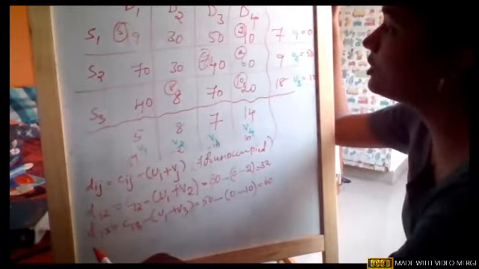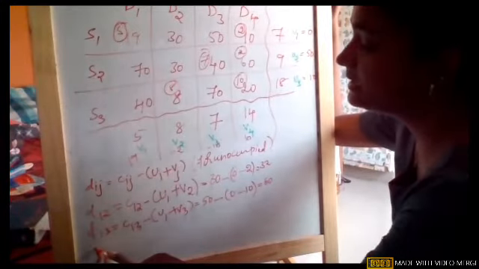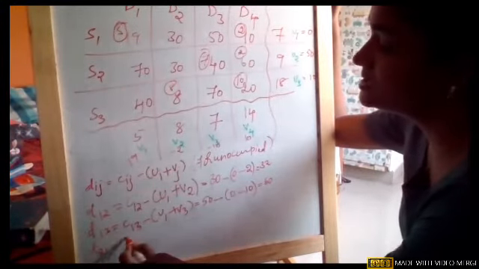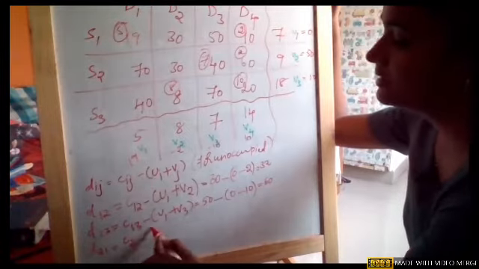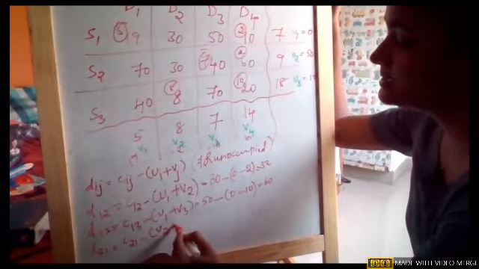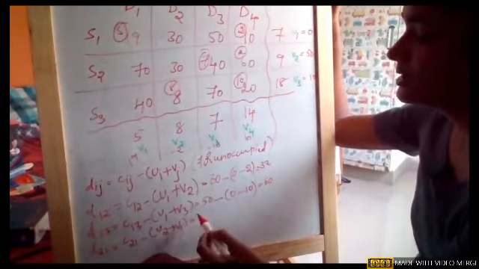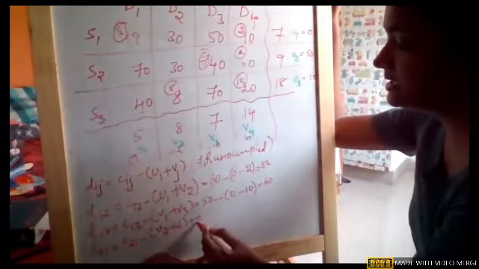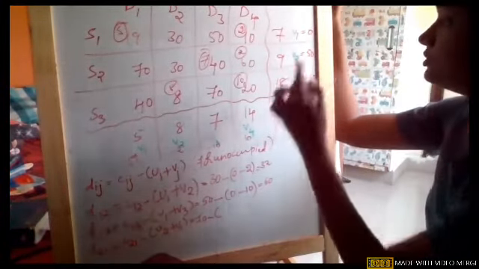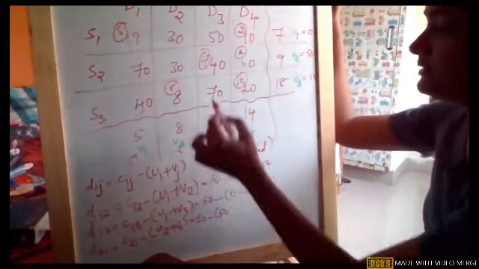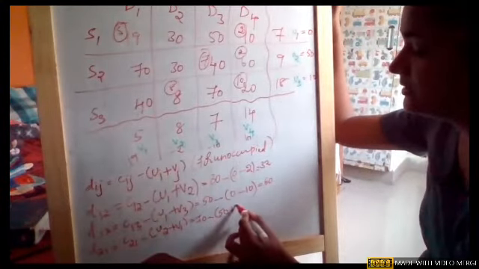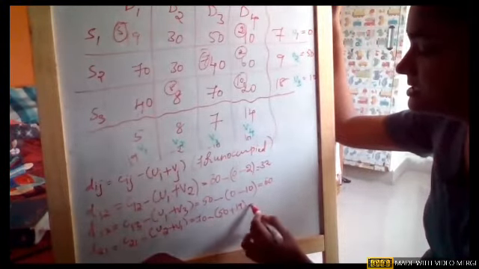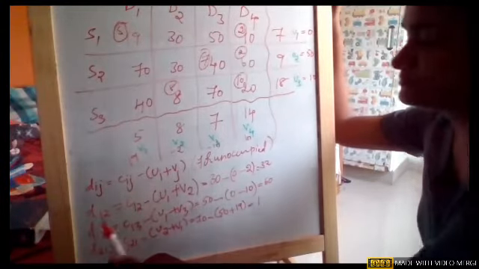Next, my unoccupied cell is D21, which is C21 minus U2 plus V1. So C21, the cost, is 70 minus U2, whose value is 50, and V1, whose value is 19. So 70 minus 69, which is 1.